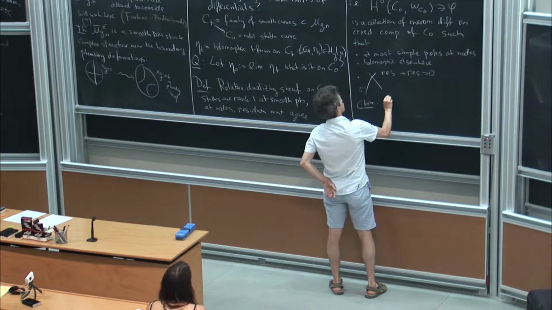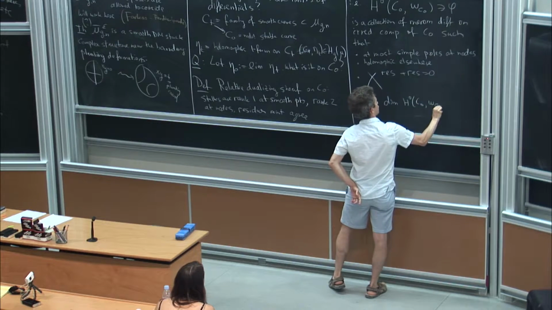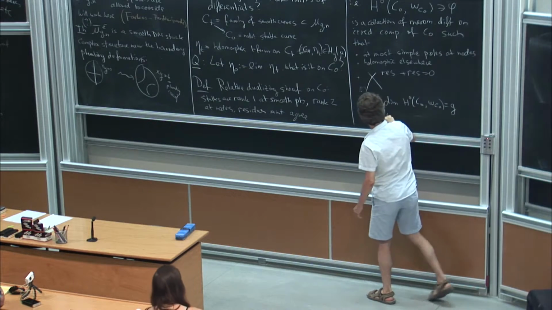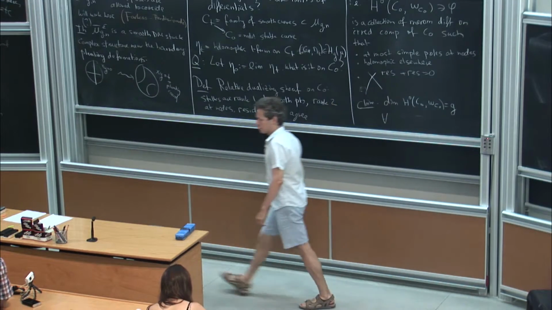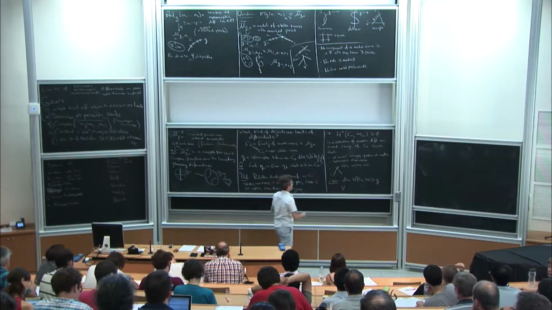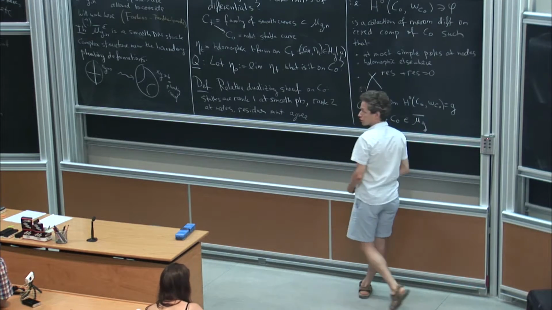So the first claim is that if I compute the dimension of the space, this is g. Which is to say that for any stable curve, I still have the correct number of objects. Okay?